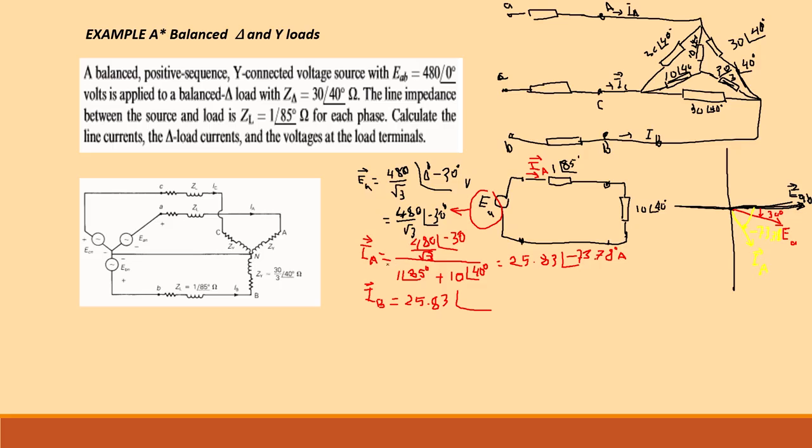and lags the current IA by 120 degrees: minus 73.78 minus 120 degrees, and this is equal to 25.83 with an angle of minus 193.78 ampere, and so on.